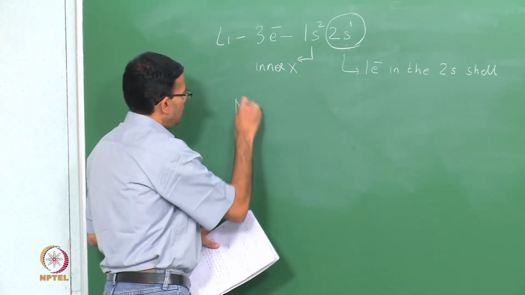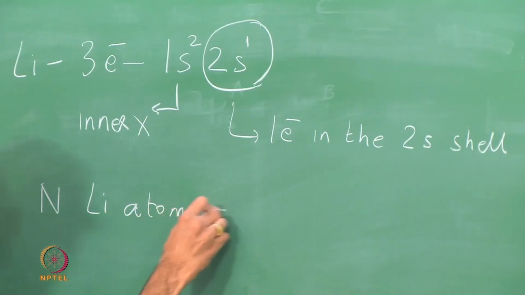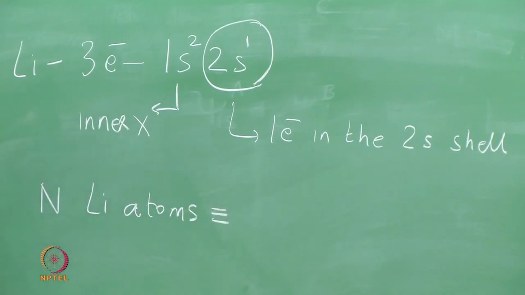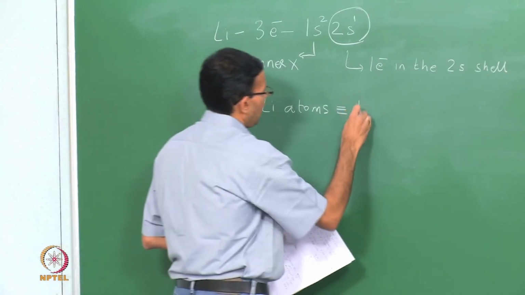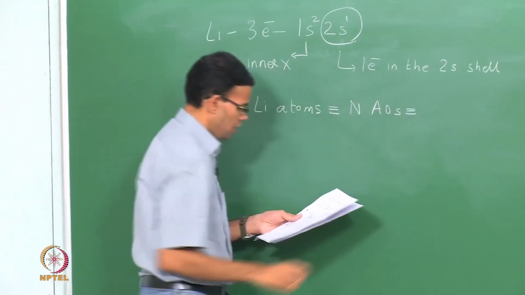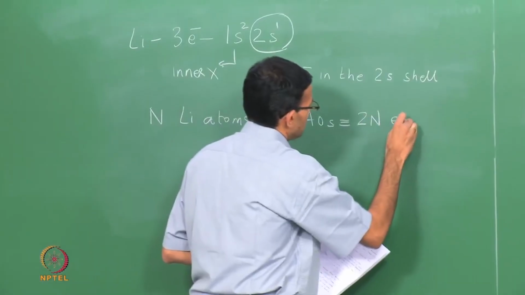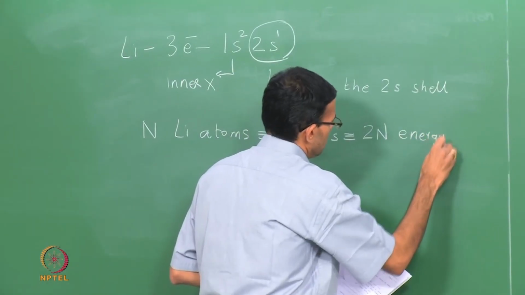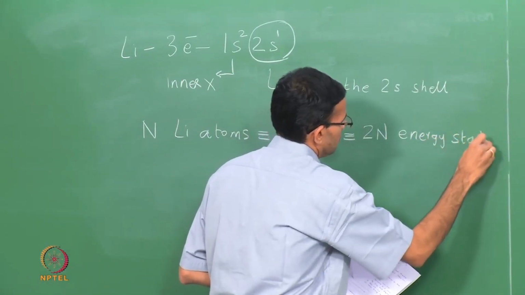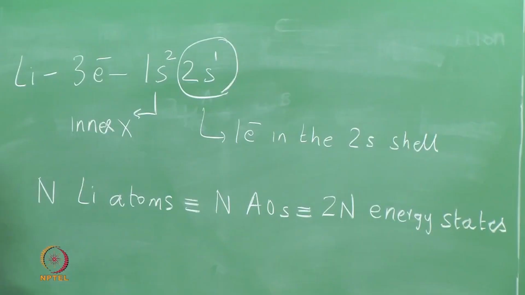So, if you have n lithium atoms, taking only the 2s electron into account, you will have n atomic orbitals, which will give you 2n energy states. Again, why 2? Because each energy state or each molecular orbital can have 2 electrons.